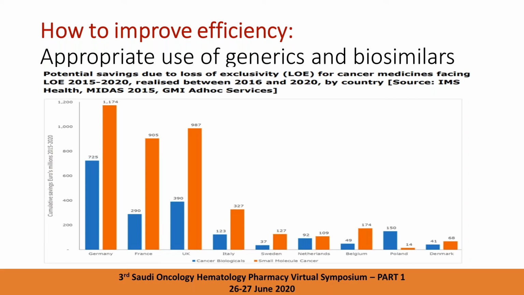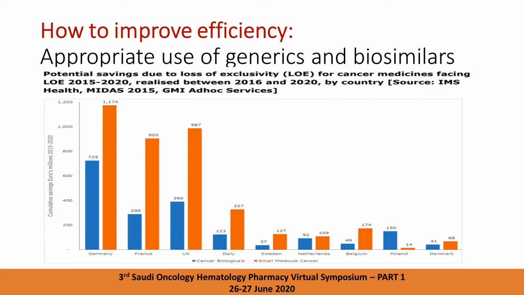Currently, some 85 biosimilars have been approved by the EMA, and probably between 20 to 25 approved by the US FDA. And the appropriate use of biosimilars in particular is expected to reduce spending potentially.